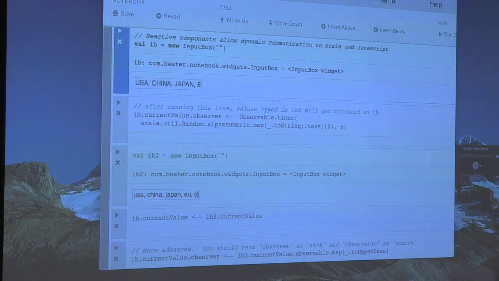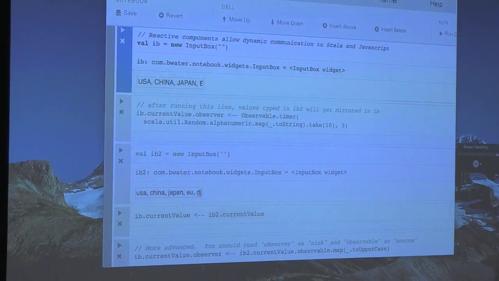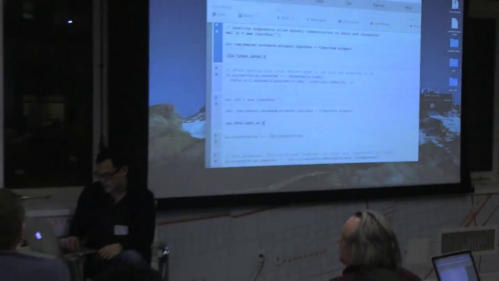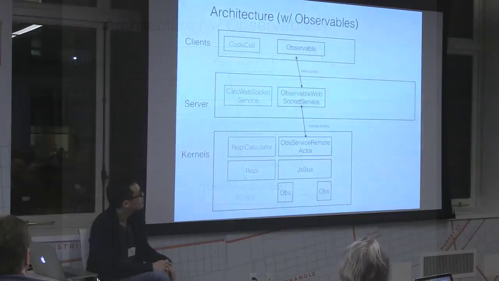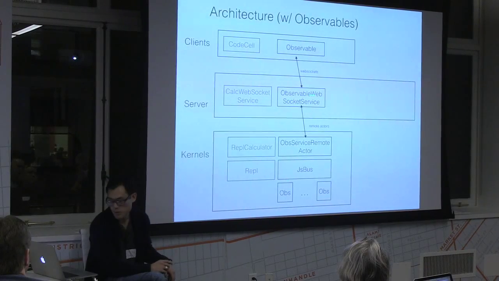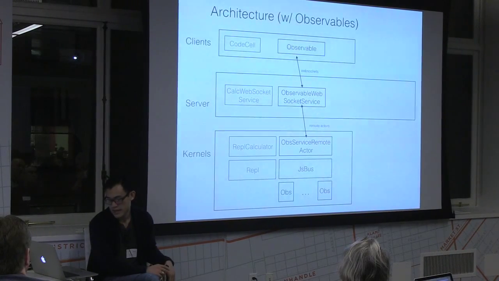So let's come back to talking about how this actually works. The picture we had earlier is not complete. In addition to the code cell, calc WebSocket service, REPL calculator, REPL, there's this parallel observable path that's sort of analogous.